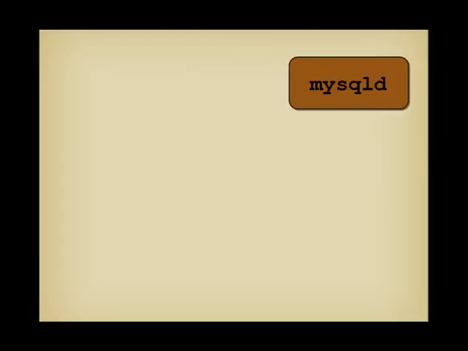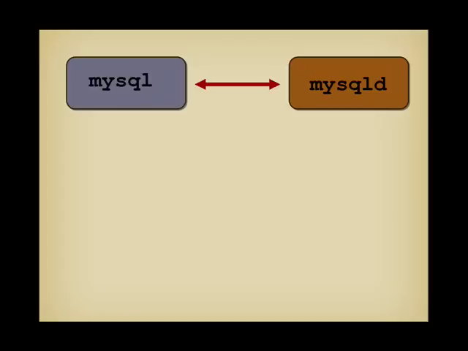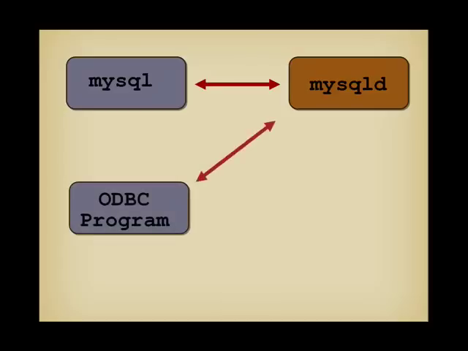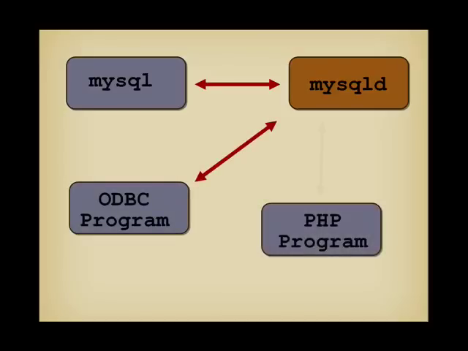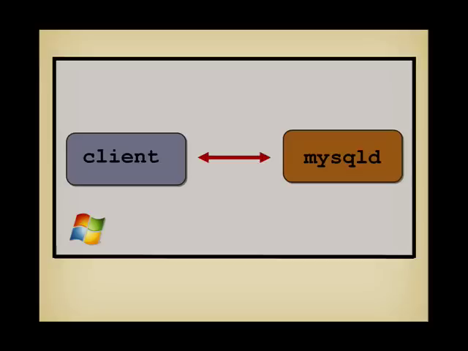Which clients can connect to the MySQL server program? The MySQL interactive client provided with the distribution, and any client using the ODBC or JDBC standard, PHP. Under Windows, the local clients can connect by using the following protocols: shared memory, NT-pipes, TCP/IP.